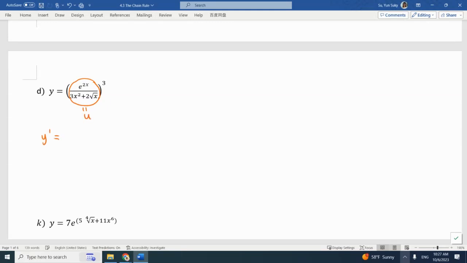And y prime will be... What is the derivative of u cubed? 3u to the second power times... Remember, we always multiply by u prime.